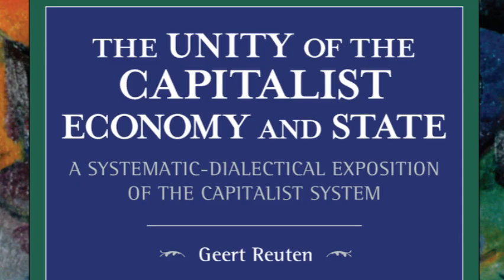First of all, Michael Williams, with whom I wrote my first comprehensive systematic dialectical work, Value, Form, and the State, the Tendencies of Accumulation and the Determination of Economic Policy in Capitalist Society, published in 1989.